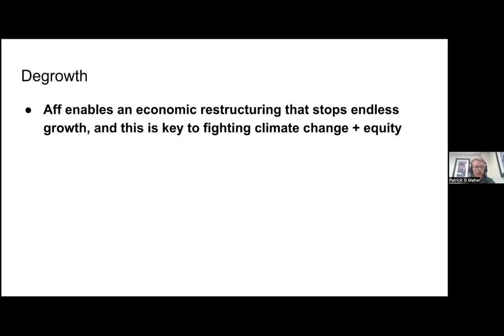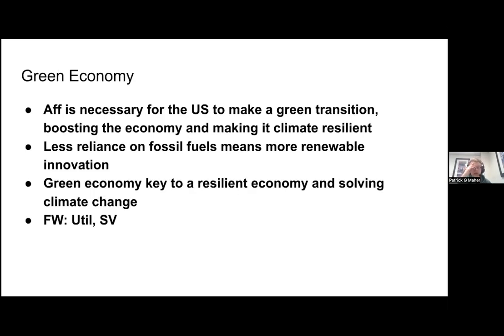I also want to mention on the green economy that this is pretty resilient to impact turns, like the impact turns of development and degrowth, which are both pretty good generally against economic contentions and economic impacts.